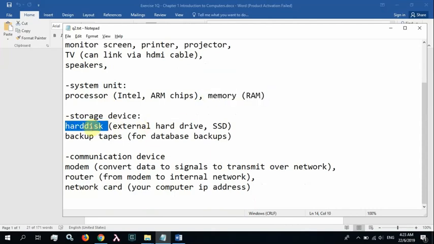We'll talk about it later. Okay, so communication device. This category is basically for your computer to be identified on a network and for your local network to communicate on a larger internet.